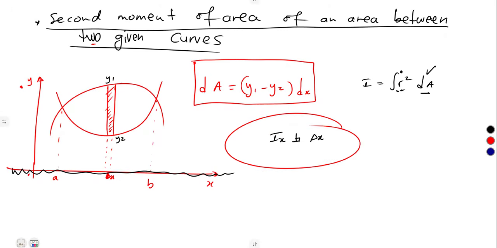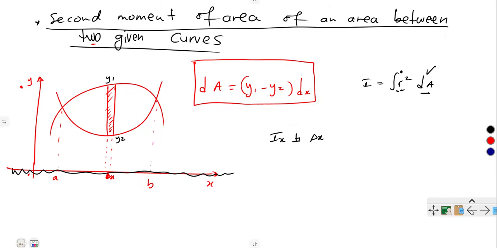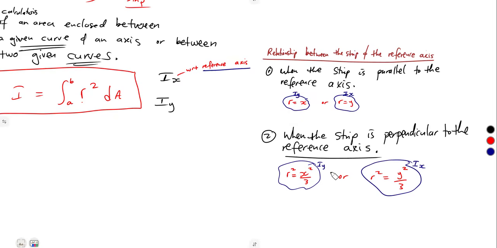Whenever they are perpendicular to each other, we go back to the illustration of our r, just like before, to see what the condition of our r will be. If they are perpendicular, then your r squared is going to be taken as x squared over this or y squared over that.